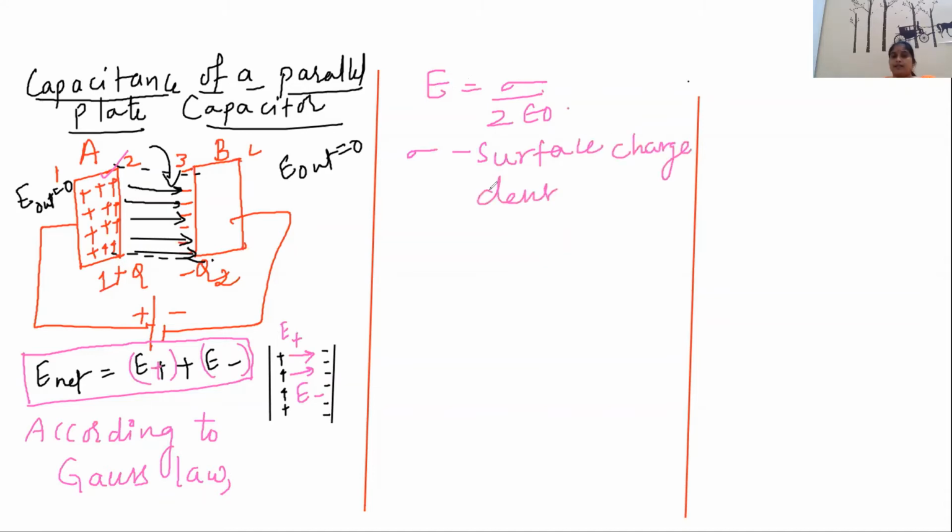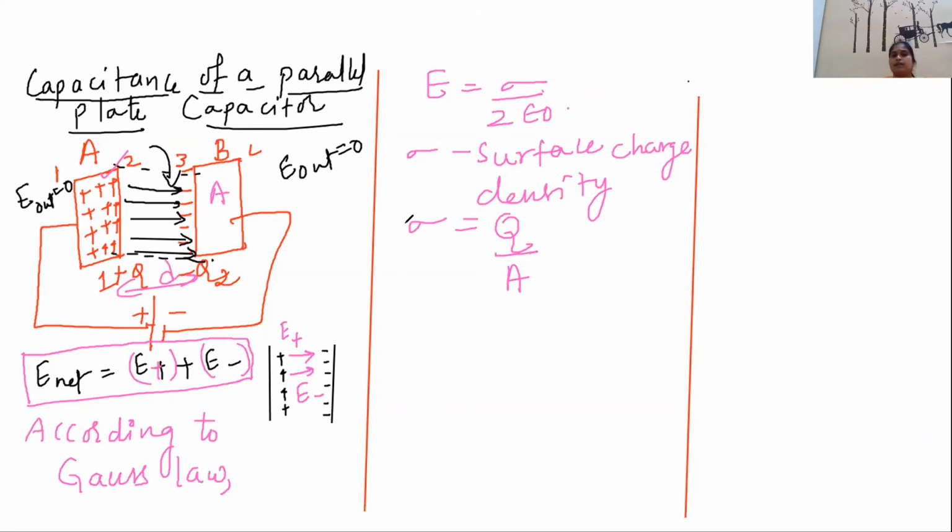The surface charge density sigma is equal to the total charge on the plate divided by the area of the plate. Here we assume two parallel plates, and on each plate the area of cross section, whatever the shape may be, is A, and the distance between the plates is D.